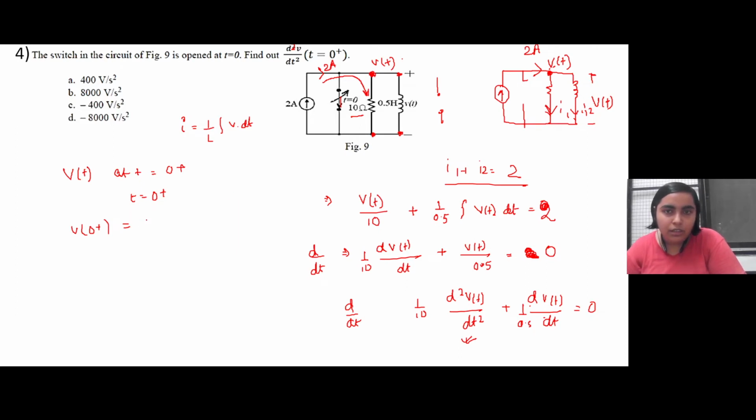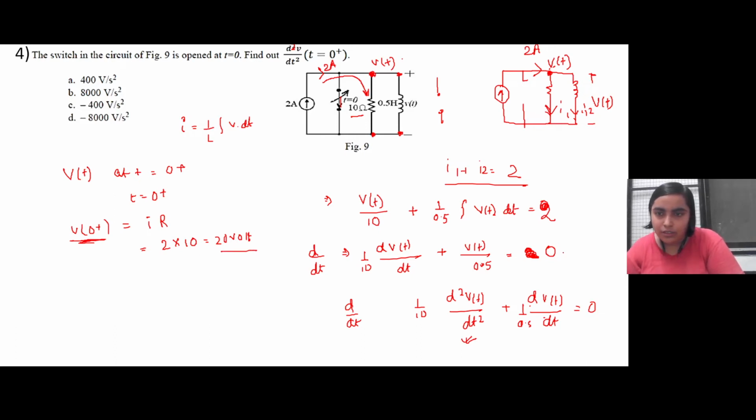So the V of t will be I into R, which is this resistance. Here current I is 2 ampere, resistance is 10 ohm, so it will be equal to 20 volt. So just after switching, the voltage V0 plus will be equal to 20 volt.